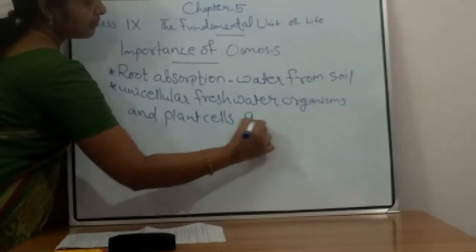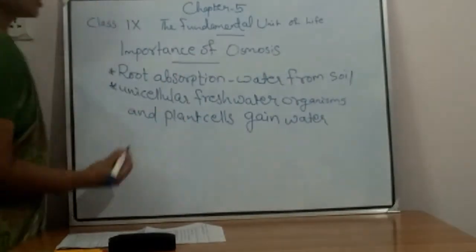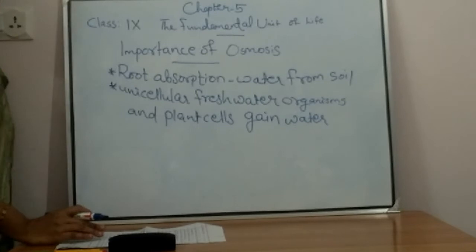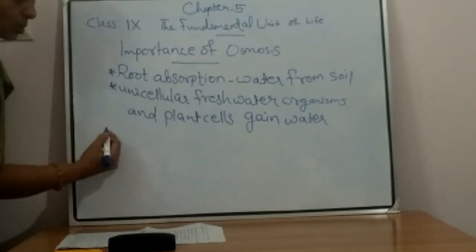That is the second importance. So unicellular freshwater organisms like amoeba, and plant cells, gain water by osmosis.